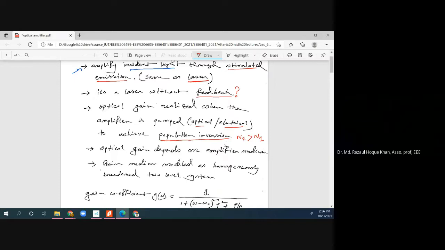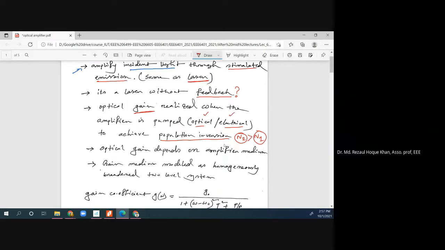So what is N2? The number of electrons in the conduction band must be higher than the number of electrons in the valence band. That is population inversion. So the optical gain means amplification. The amplification is realized when the amplifier is pumped. It means extra energy must be supplied to an optical amplifier, either optically or electrically.